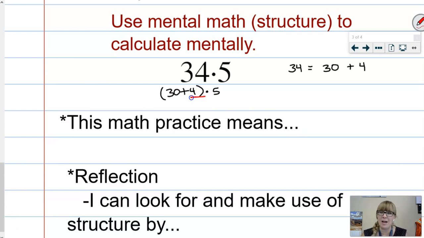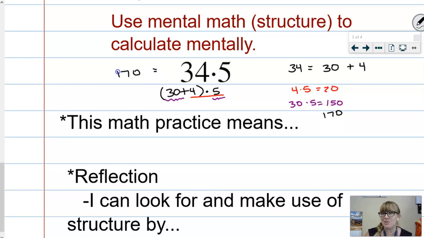We can start by multiplying the 4 and the 5 to get 20, and then multiply the 30 with the 5 to get 150. Now that I've broken up those two pieces and calculated those individually, then it's really easy to add those pieces together and figure out that 34 times 5 is equal to 170.